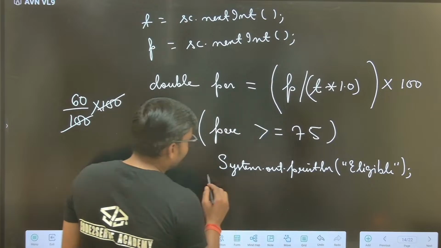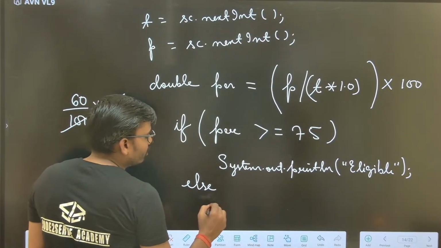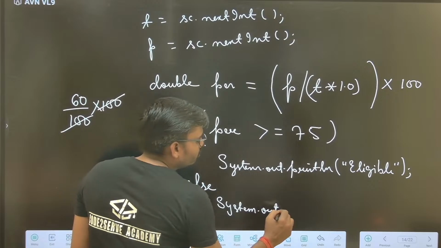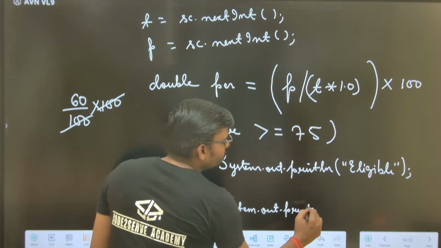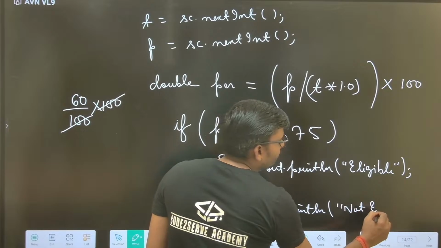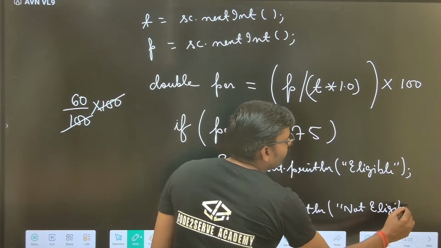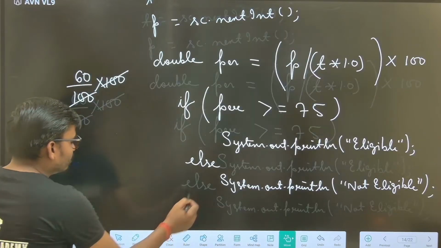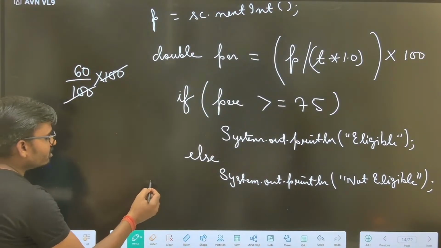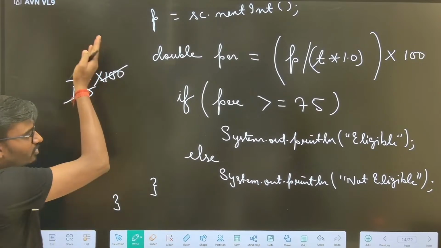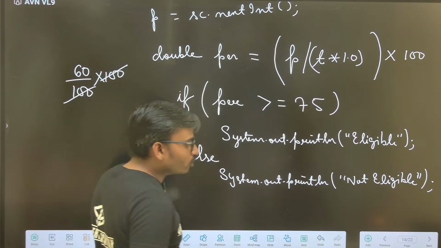Else you will write not eligible. Got it? Similarly, we'll close this main part and close this class part. I have not written the top section. You will write it in your notebook or note copy.